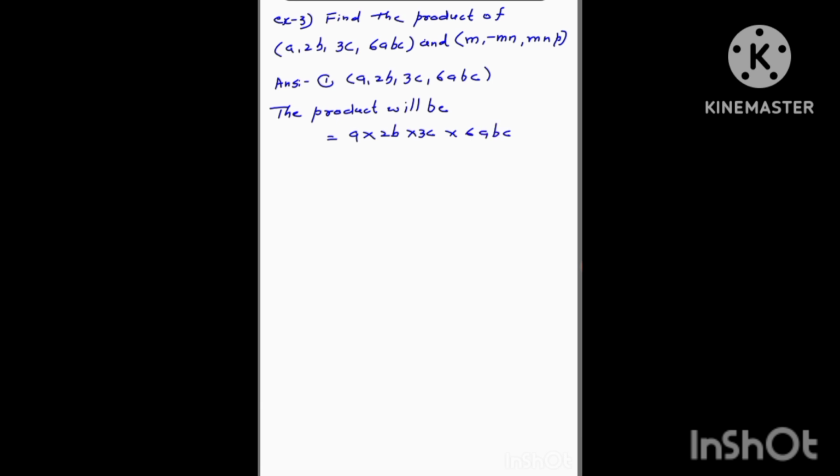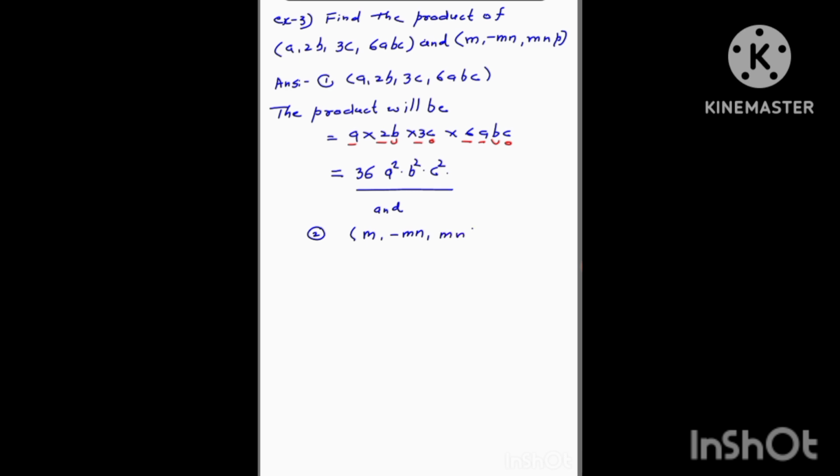Only thing is to multiply all the numerals, that is 3 into 2 into 3, 6 into 6, 36, and a, so there will be a square, then b and b, so b square, and c, so c square, so a square into b square into c square. Okay, as we don't have to find either area or volume, so we will not write units. Okay, had there been some such thing, we will have to write units.